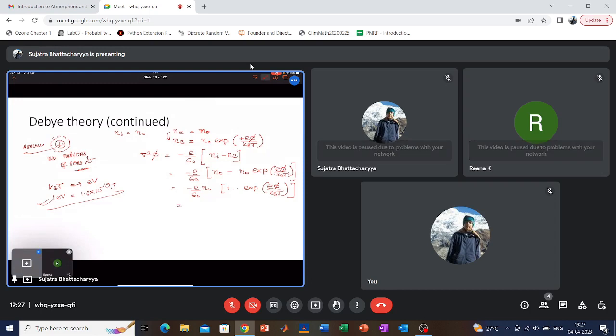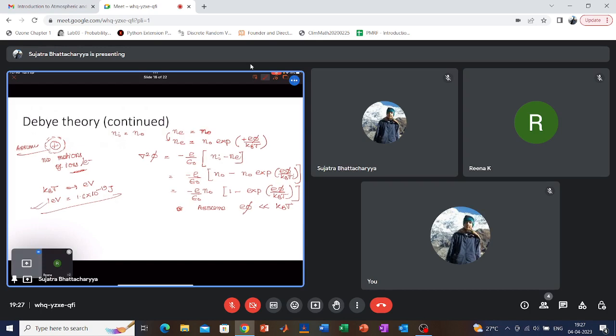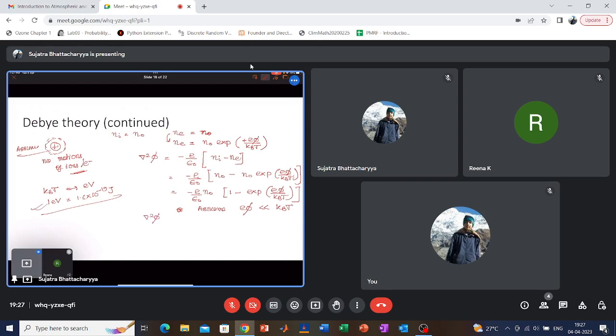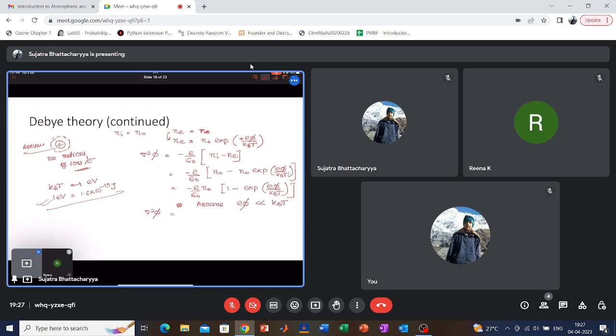Now, in the next step, if we assume E phi, the potential energy, is much less than kBT, it is very small, then we can write this grad square phi will be equal to minus E n naught by epsilon naught times 1 minus, what we can write the exponential, just 1 plus E phi by kBT.